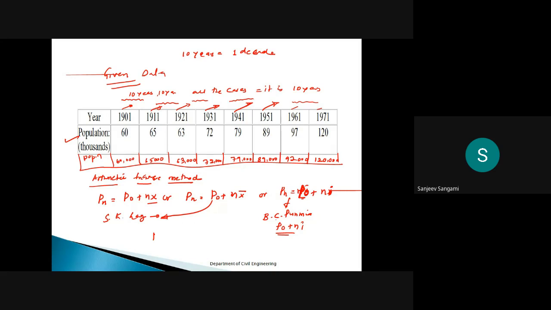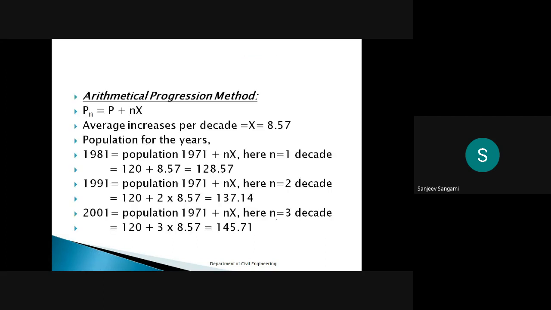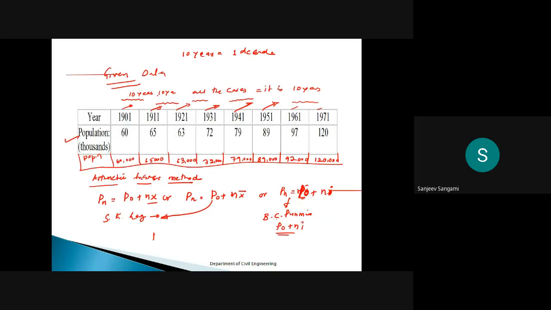In the previous class we did this, and here we will do it with 60,000. We'll write it column-wise, then it will be better.